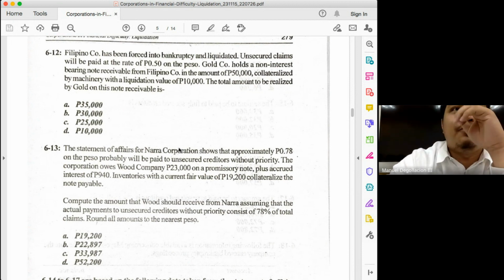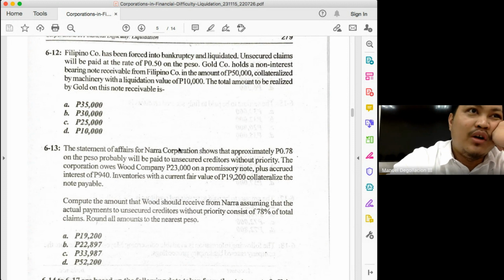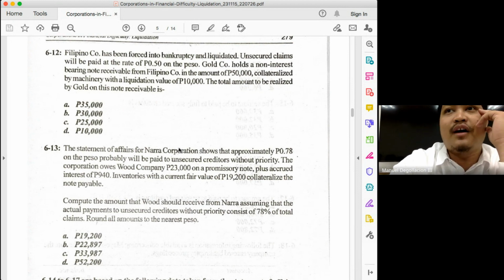The answer is no, because a portion of the 50,000 is secured. What portion of the 50,000 is secured? How much, at the very least, will the holder of the note receive, class? Worst case scenario, it will receive the amount of the security in the amount of 10,000. Okay, but how much was its claim? 50,000. So there is still an uncovered portion of 40,000.